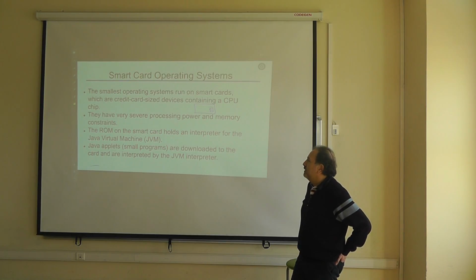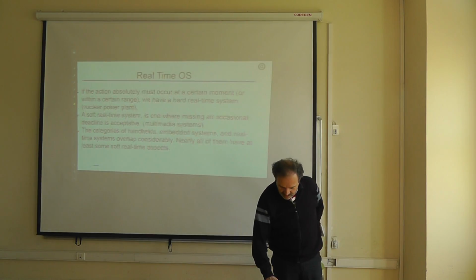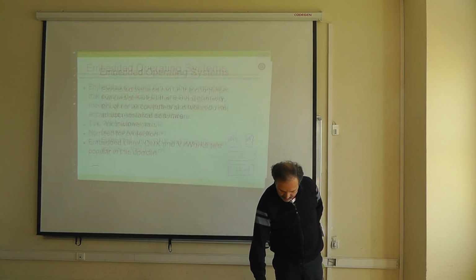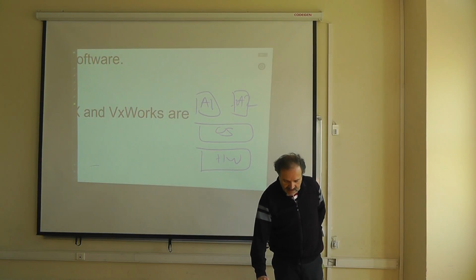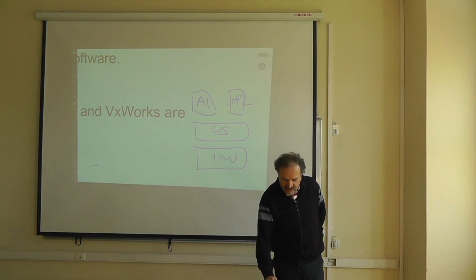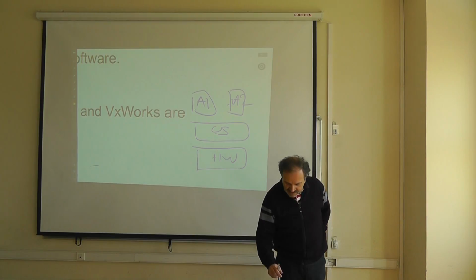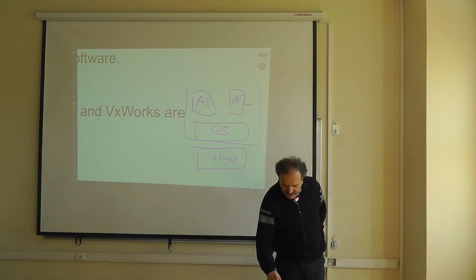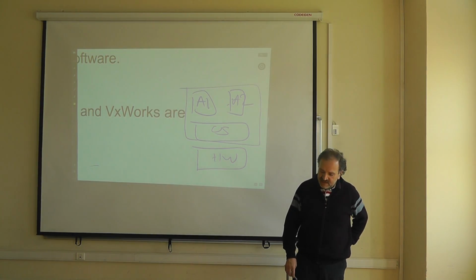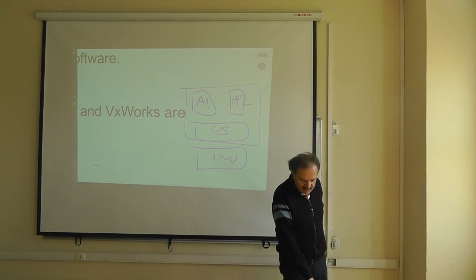Sometimes, especially for embedded systems, since you have the whole system by yourself, the operating system and the applications are kind of all together. You write both the operating system and the applications sometimes.